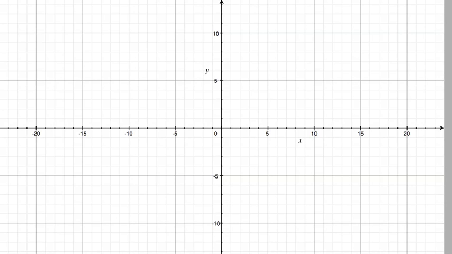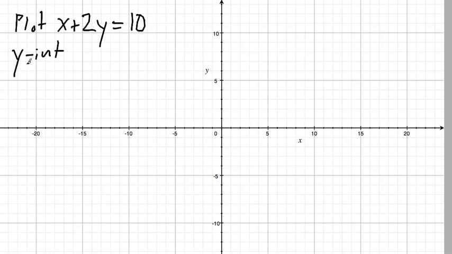Okay, coordinate plane. I'm choosing my paintbrush. So let's actually plot x plus 2y is equal to 10. And let's do it by finding intercepts. To find the y-intercept, we set x equal to 0.